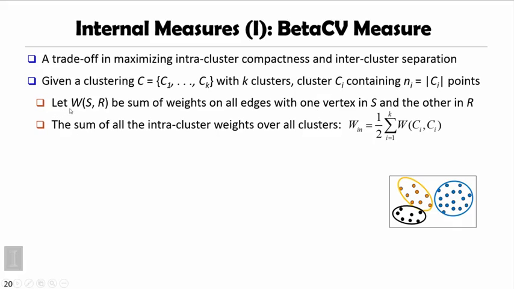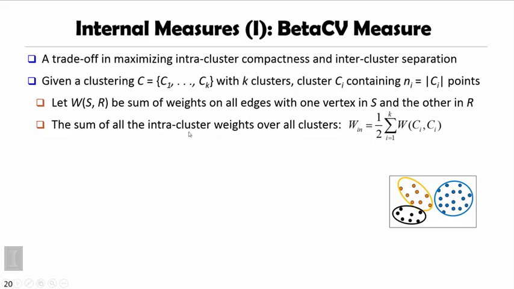Then we introduce the function W(S,R), which is the sum of the weights on all the edges with one vertex in S, the other in R. For example, you get 2 points. You say this point is in this cluster, the other point is in the other cluster. You want to look at their weight. The weight usually can be defined like a Euclidean distance or whatever you are using for clustering.